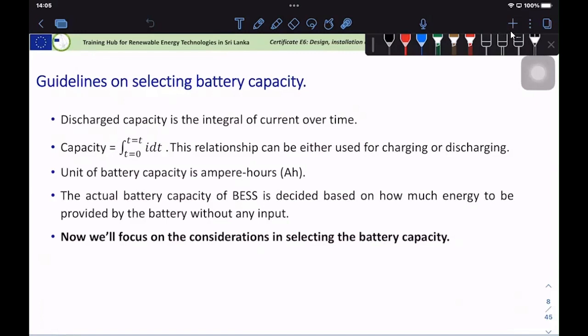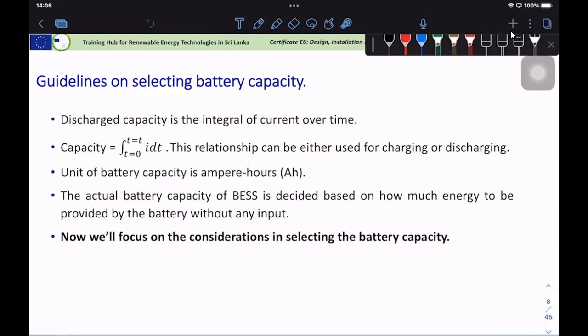Then when that power is not available, we should be able to provide the power to the appliances. So that's why we use the battery in a storage system. So the capacity should be decided based on that phenomenon. That means how much energy we need, or how much energy is to be provided by the BESS without any energy input to the system.